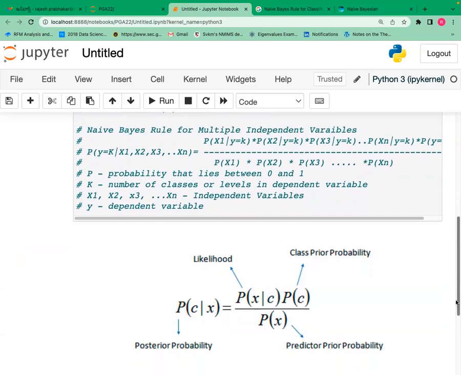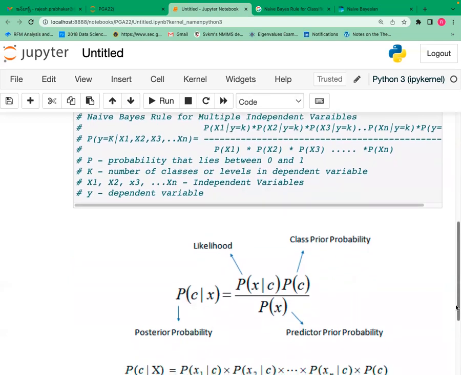So this is the basic formula. Probability of C given X.